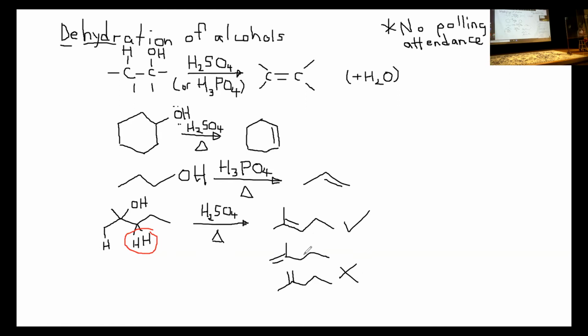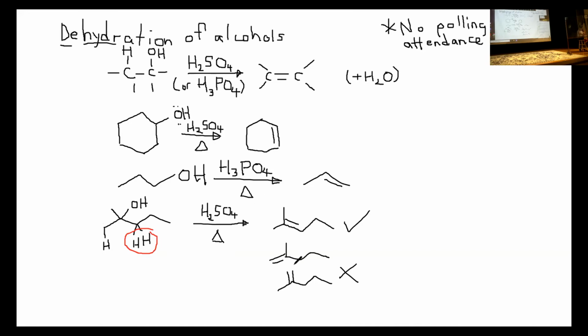I've told you step by step, if you're given a question that has a dehydration of an alcohol, how to figure out what the product looks like. Like I said, basically you take off the OH, you take off a hydrogen on one of the adjacent carbons, and then you put the double bond between those 2 carbons that you just fiddled with. And that will be the structure of the product.